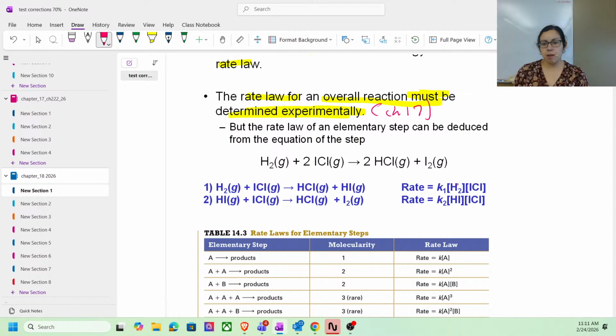So it's dependent upon our H2 concentration and then our iodo-chloride concentration. This is just math right now. And then again, by definition, the rate of our product for step 2 is equal to K2 times our HI, our intermediate here, times our iodo-chloride.